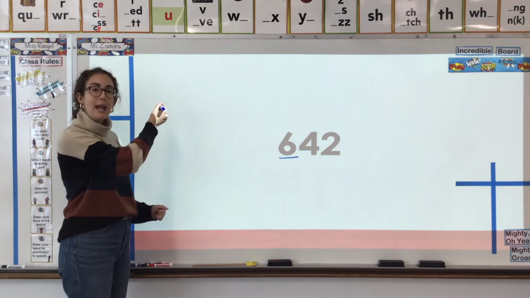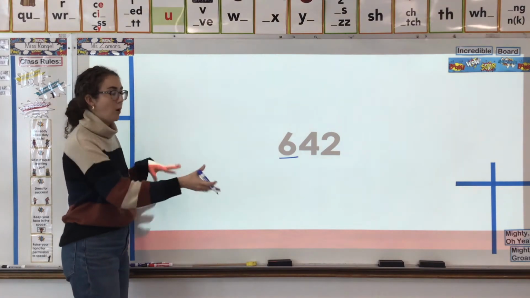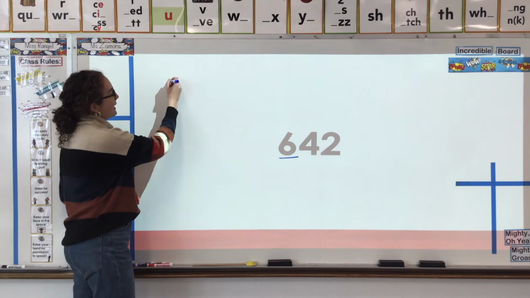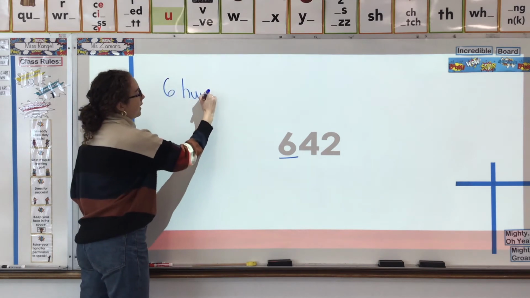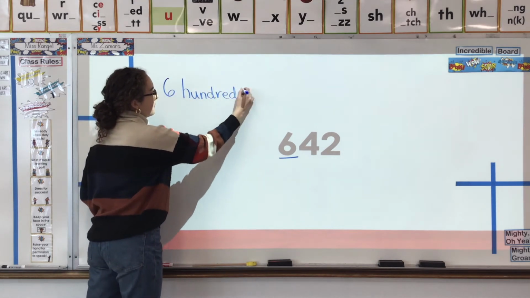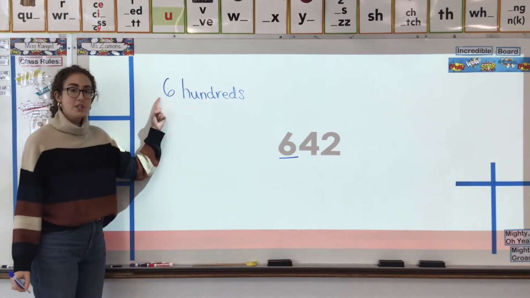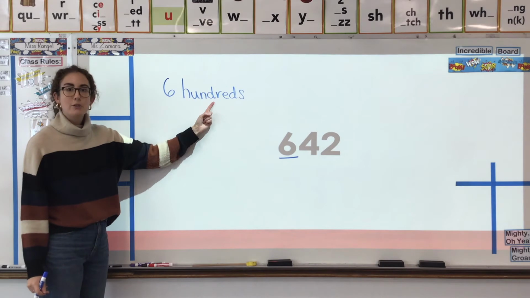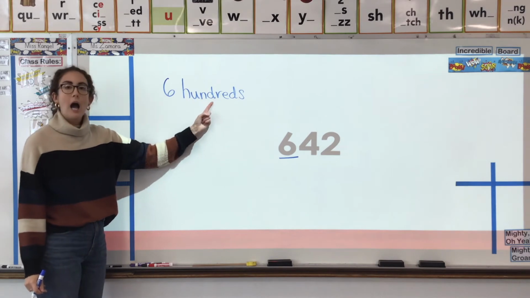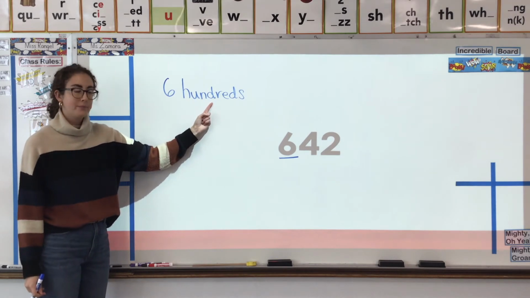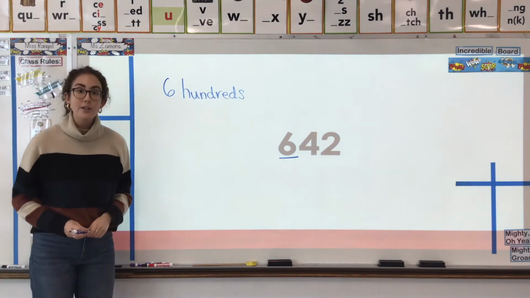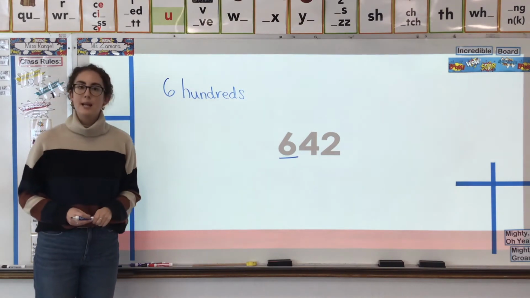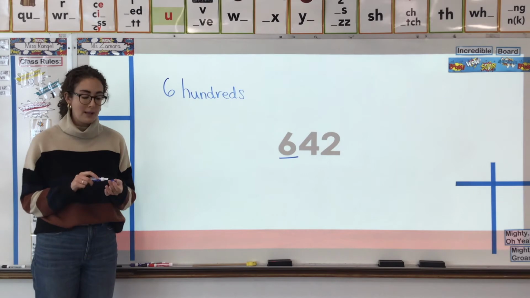So wherever you can on your board, next to the number or below it, I want you to write out 6 hundreds. So you're writing the digit 6 to show how many are there and what's the group? It's groups of hundreds. So 6 hundreds are in this number, where we can all tell by looking at the place.